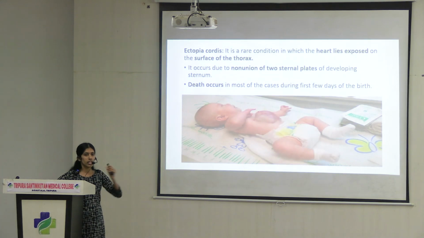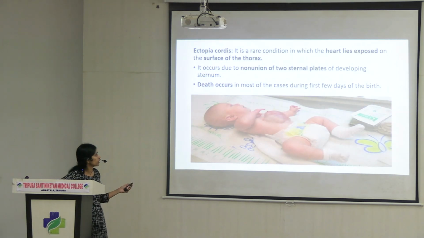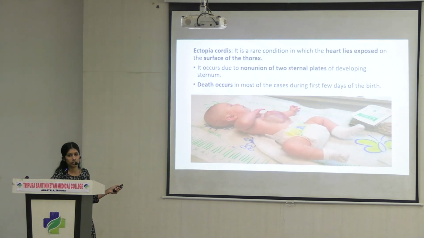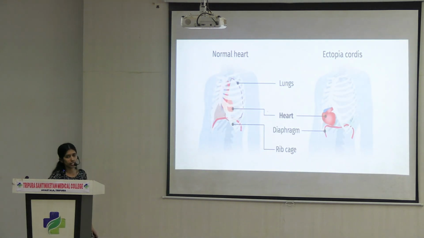Mention that point. If the lateral folding does not occur properly between the 4th to 6th week, it results in the non-union of two sternal plates. As a result, we can see the heart exposed on the surface area of the thorax region. So this is how ectopia cordis will appear.